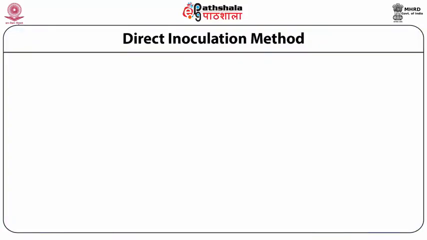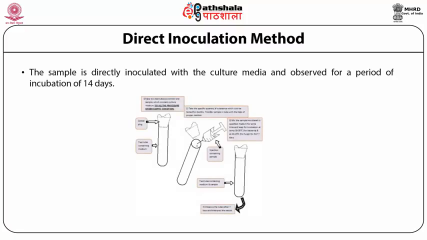Direct inoculation method. The sample is directly inoculated into the culture media and observed for an incubation period of 14 days. The diagram shows how to perform this direct inoculation method. First, the sample is directly taken up by a sterile pipette and transferred into the tube containing the media.